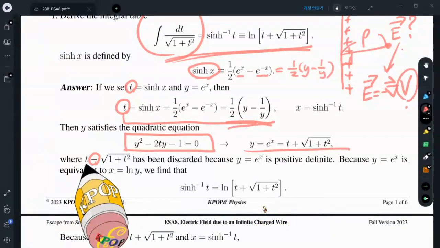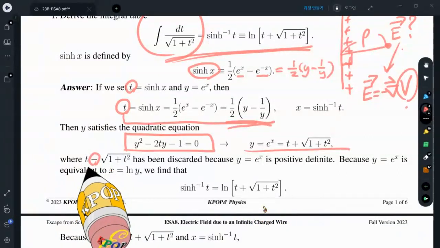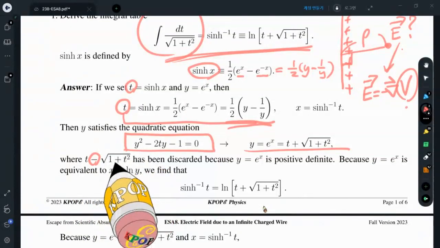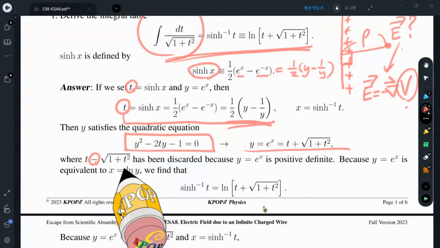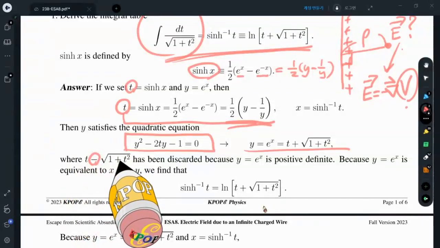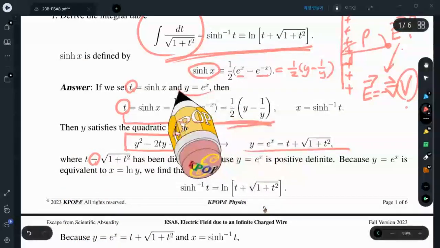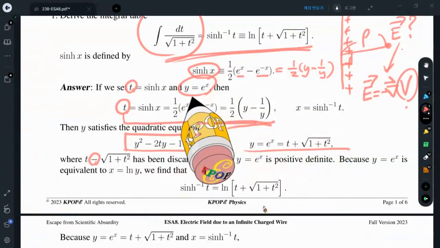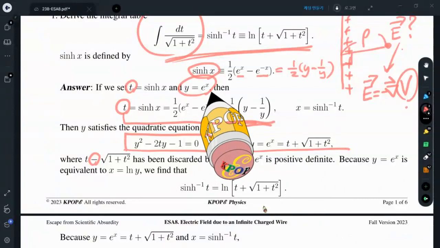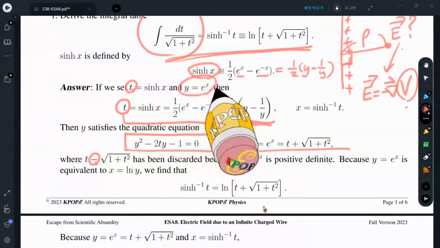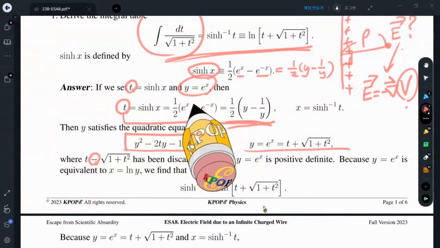You know the magnitude, the absolute value of t, is always less than the square root of 1 plus t squared. So it is negative. However, our substitution that y equals exponential x indicates that exponential can never hit 0. So this y must be positive definite.